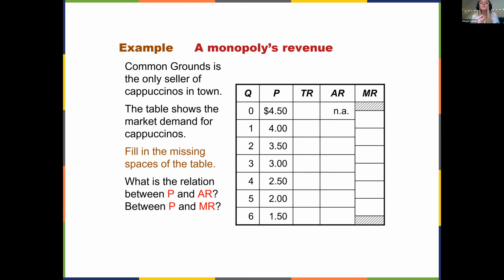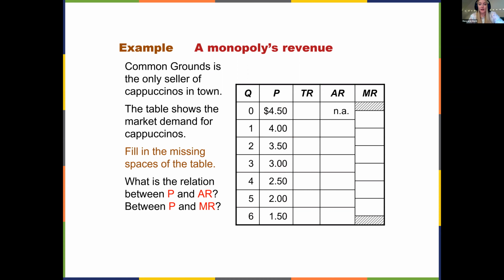So Common Grounds is the only seller of cappuccinos in town. This table shows the market demand for cappuccinos. As you see, as the price of cappuccinos goes up, people demand less of them. So this follows a regular law of demand relationship.